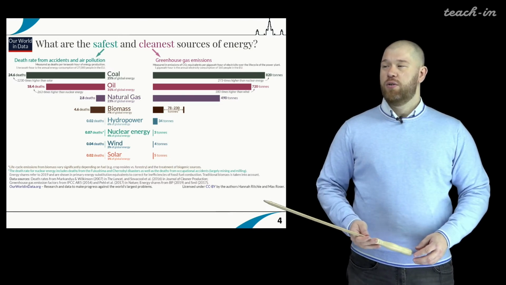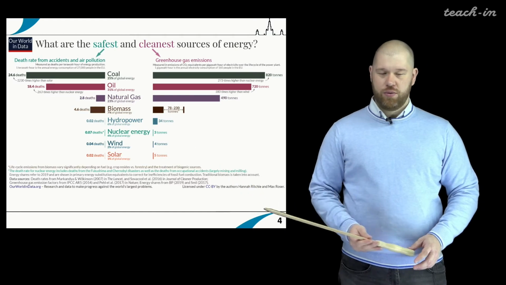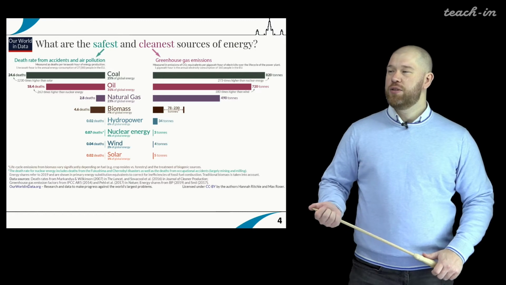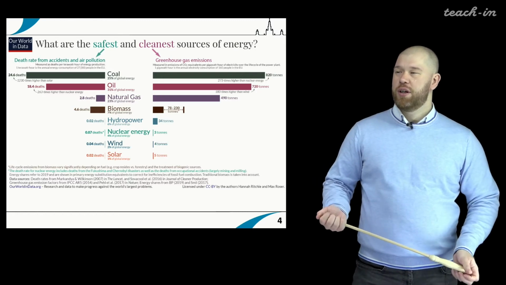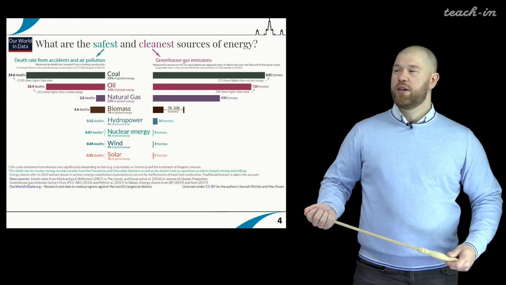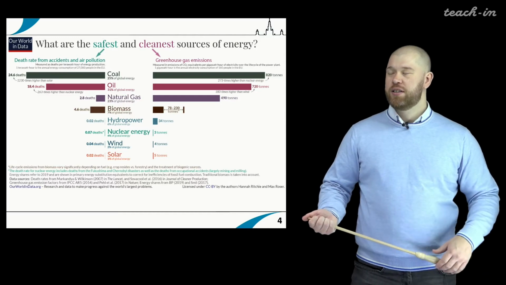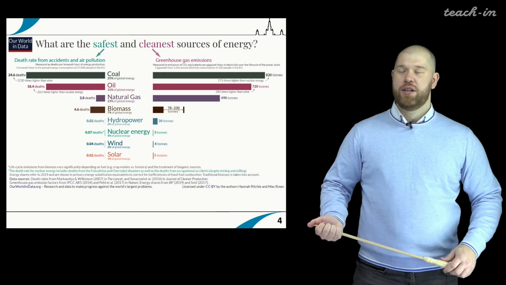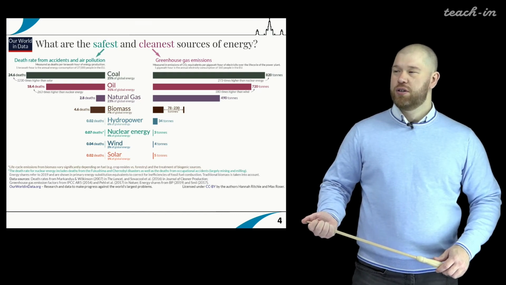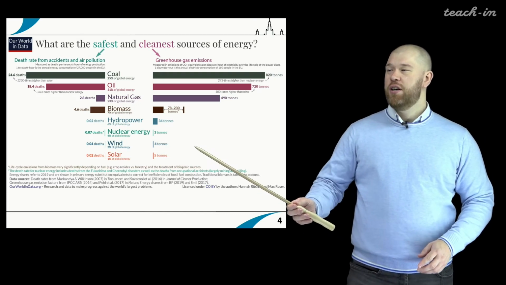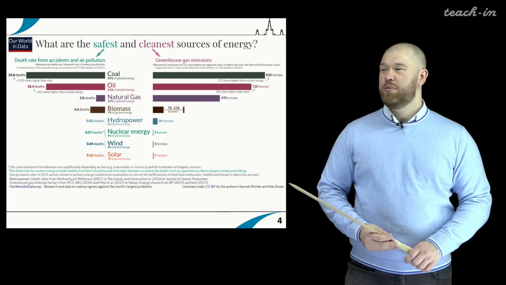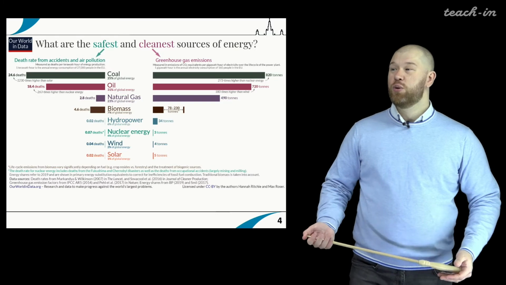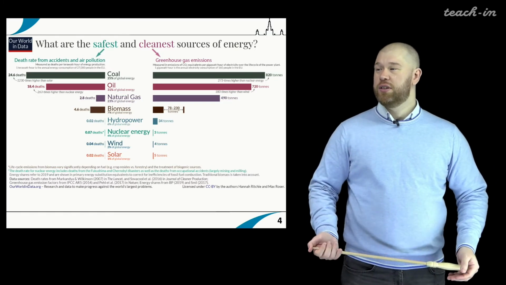And of course, during the application of nuclear energy there were also some accidents, but if we compare all the deaths and injuries caused by nuclear energy and by coal-produced energy, you can see that nuclear energy is safer.